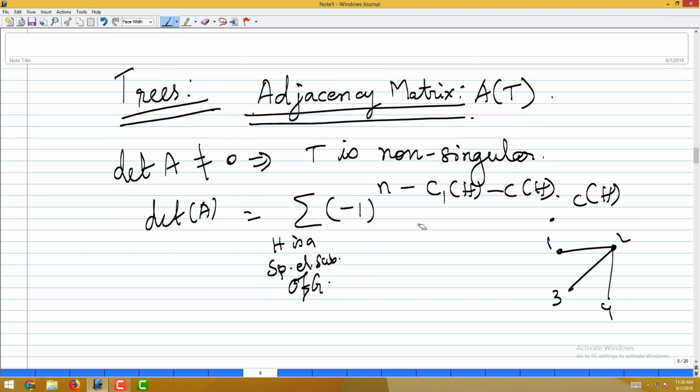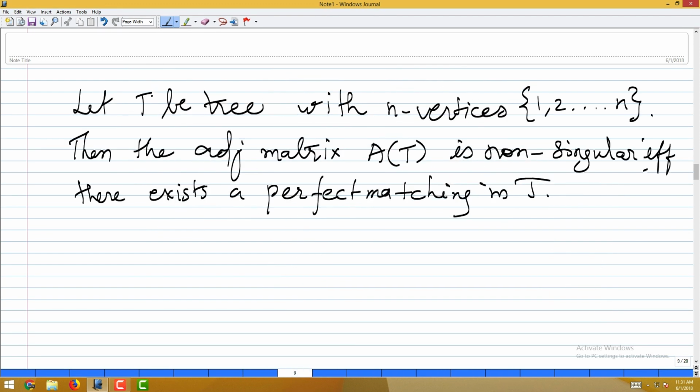With only one term existing, and C1(h), the number of edges in my graph, being n by 2, this quantity becomes a proper non-zero entity. Therefore, I can conclude the determinant is non-zero. So, that is again a simple proof for the if and only if part.